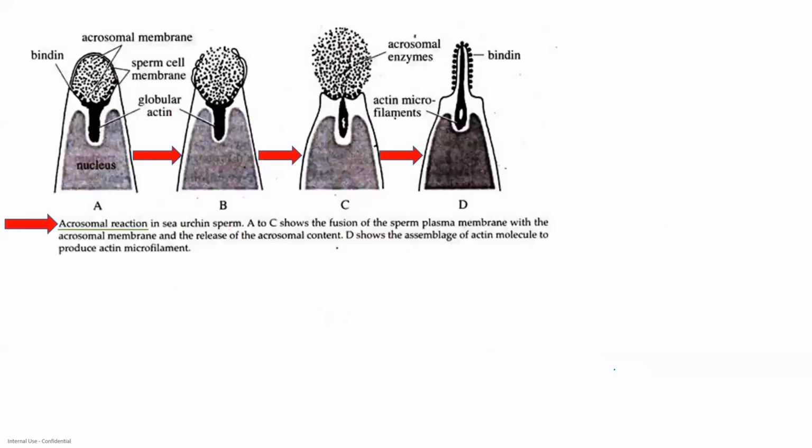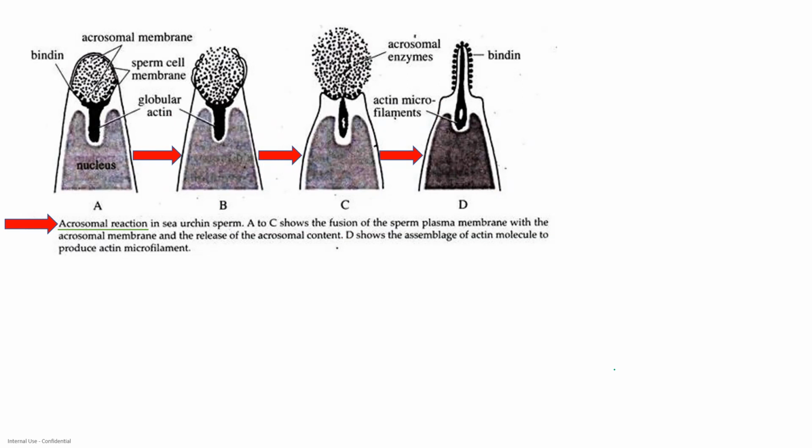Now, see, one sperm will fertilize the egg. Polyspermy is not at all going to happen. If that happens, what will happen? It is a lethal condition, and it will give rise to polyploidy and all those things. So it is not at all going to happen. Okay.